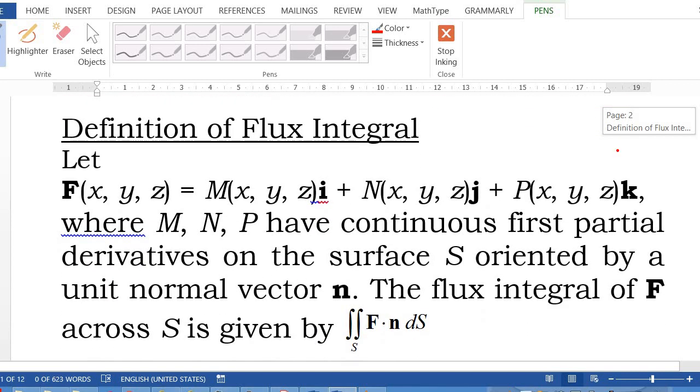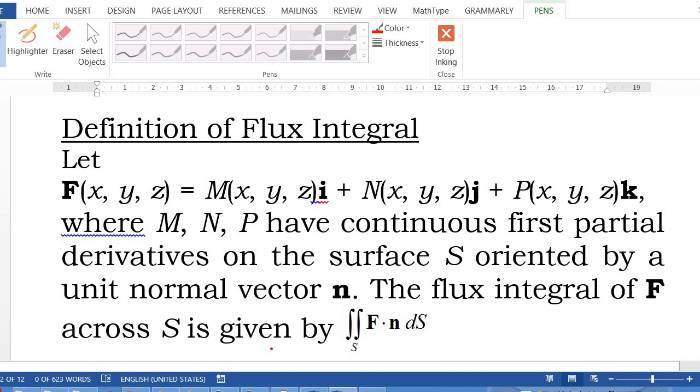Definition of flux integral. Let F as usual be represented by mi plus nj plus pk, where m, n and p have continuous first partial derivatives on the surface S oriented by a unit normal vector n.